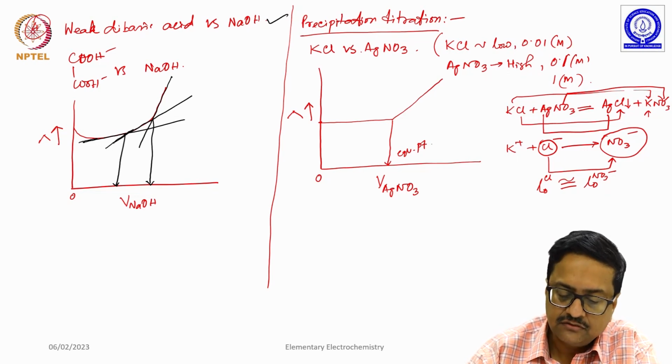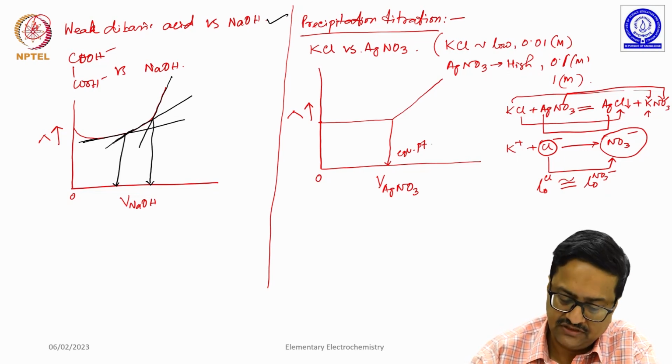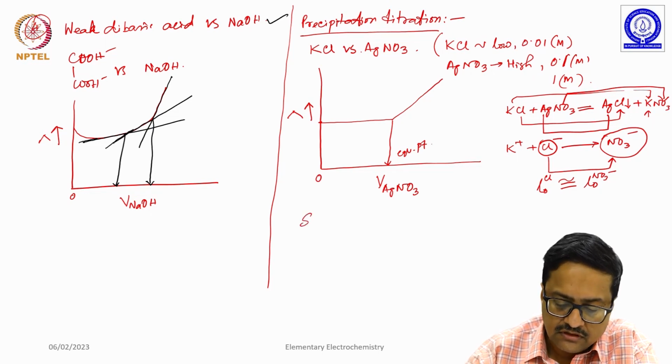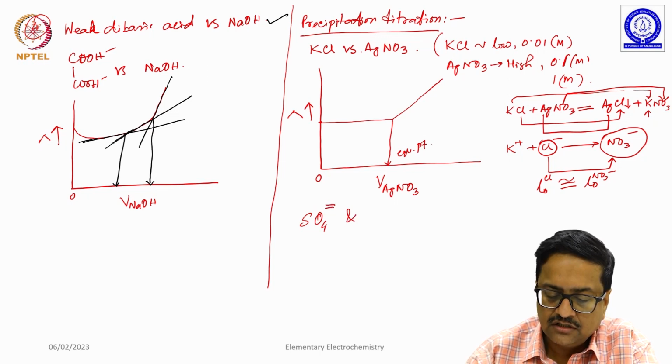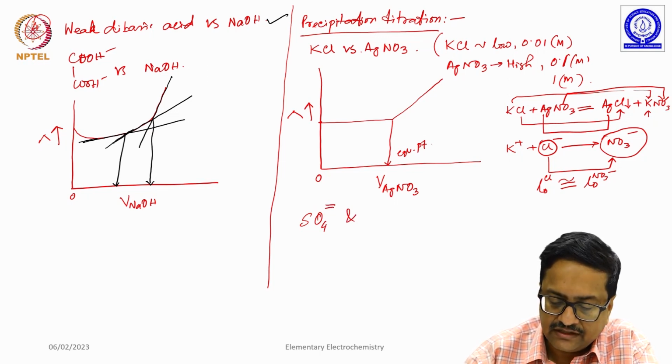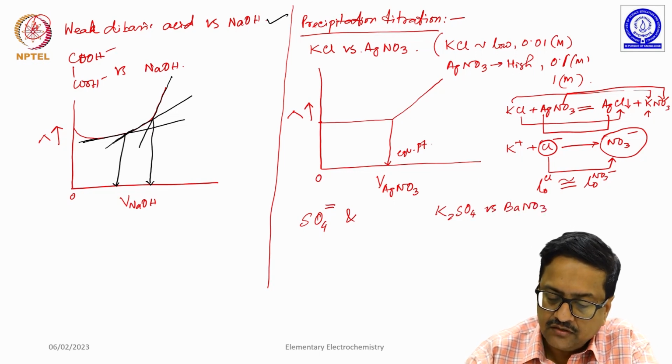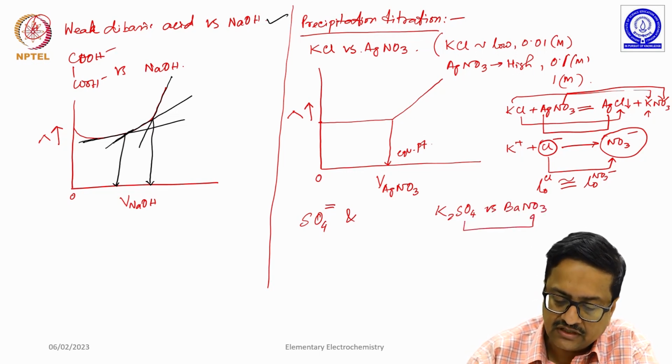If you take two different ions, say for example SO4 2 minus and nitrate, what I am trying to say is that if it is K2SO4 versus barium nitrate, then you are trying to compare sulfate with nitrate.